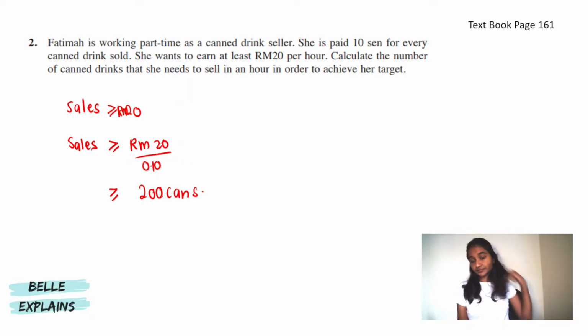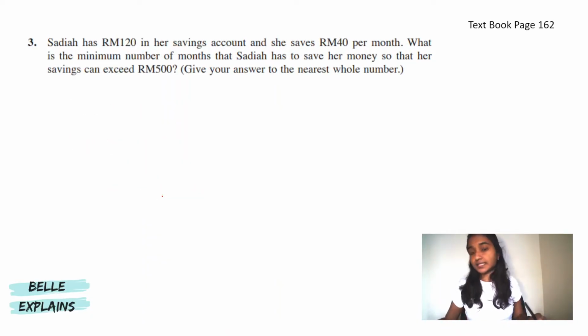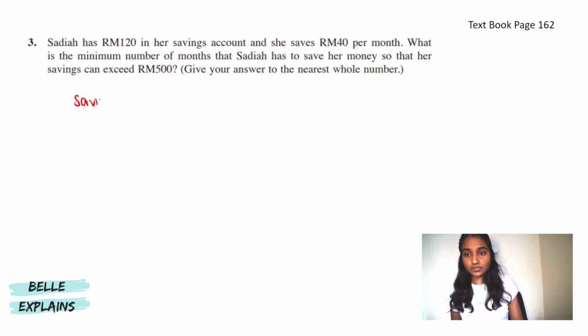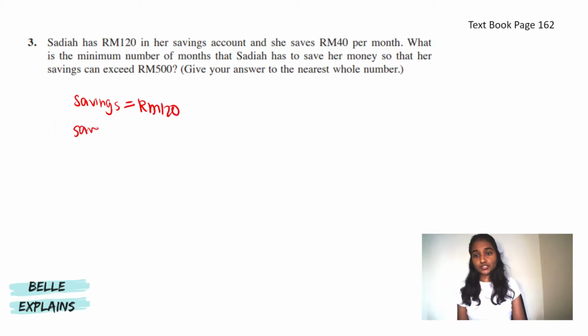Okay, next one. Sadia has 120 in her savings account and she saves 40 ringgit per month. What is her minimum number of months that Sadia has to save her money so that her savings can exceed 500?